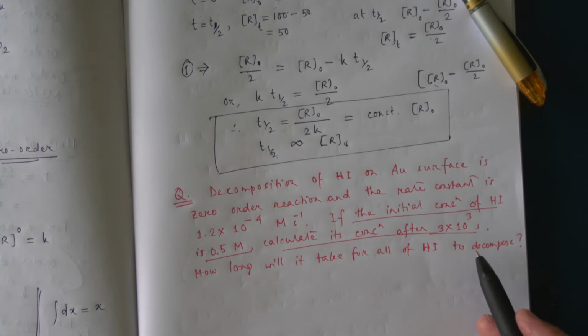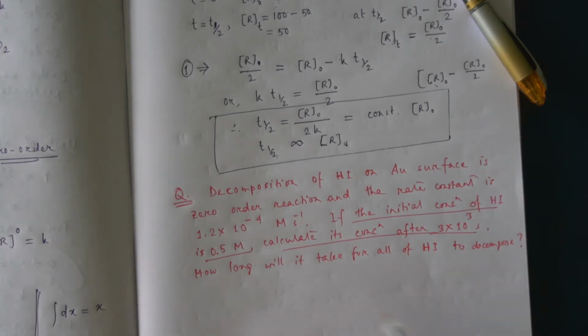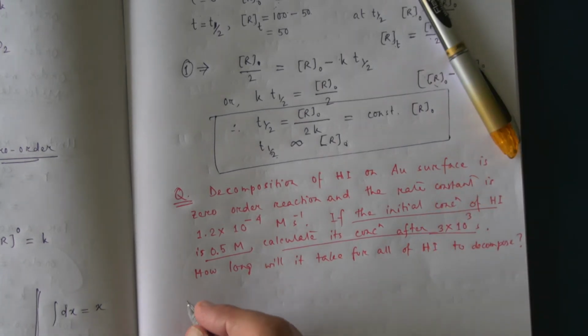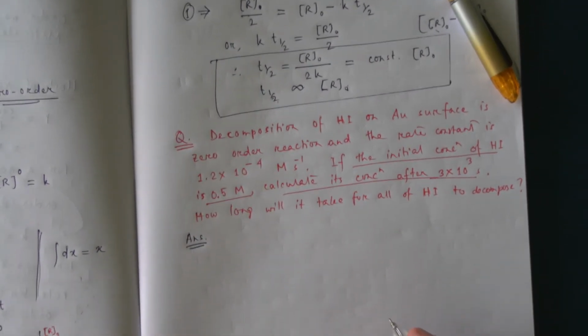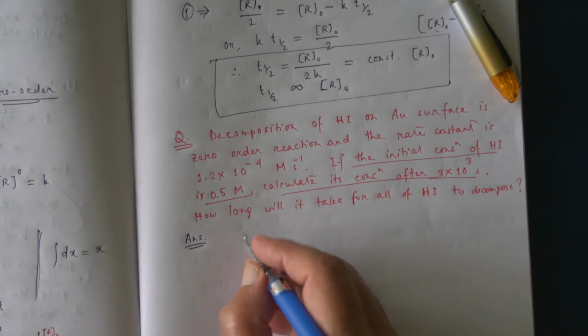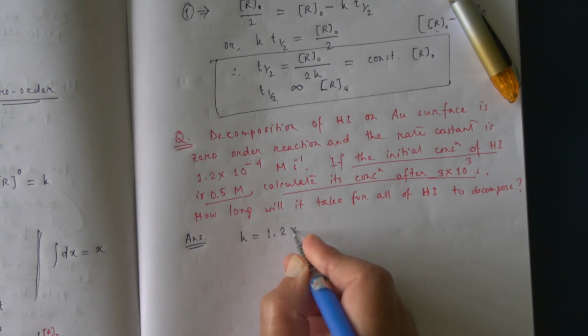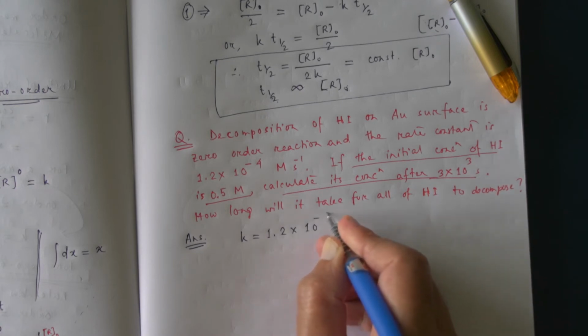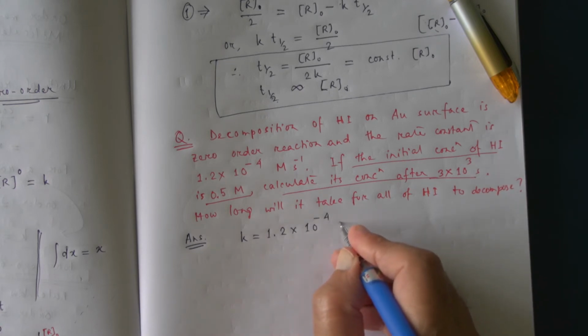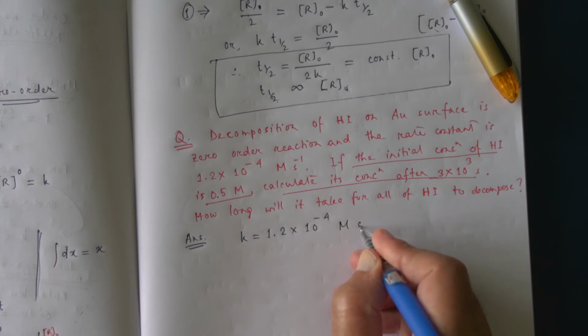Okay, so what has been given? Rate constant is given, 1.2 into 10 to the power minus 4 molar per second.